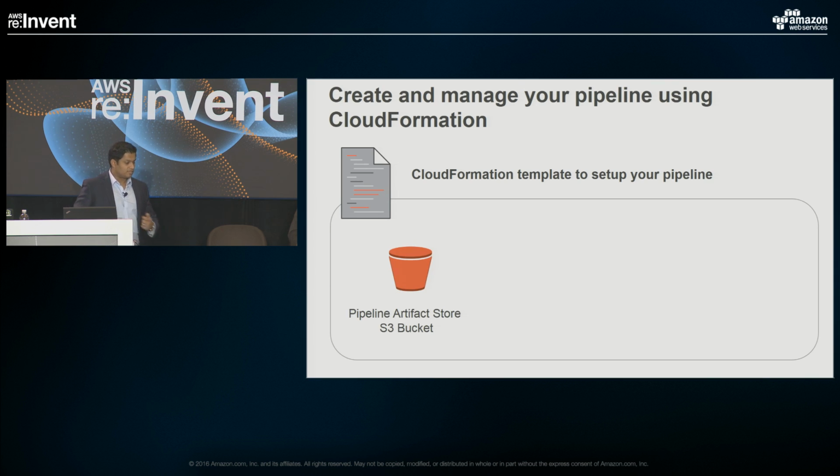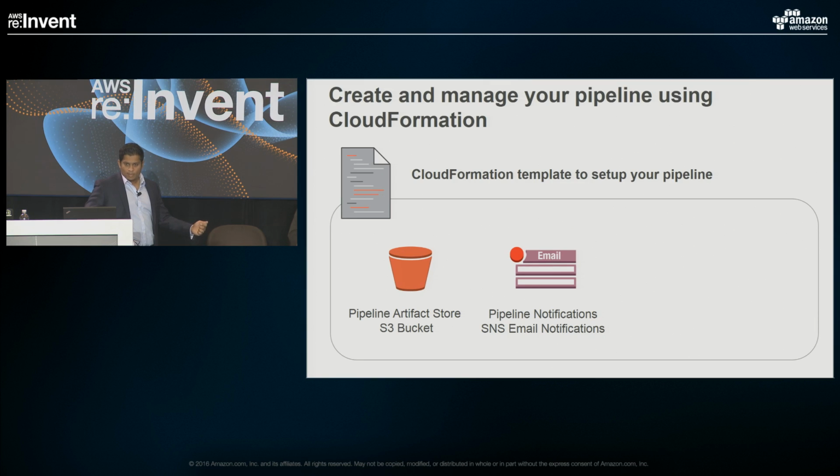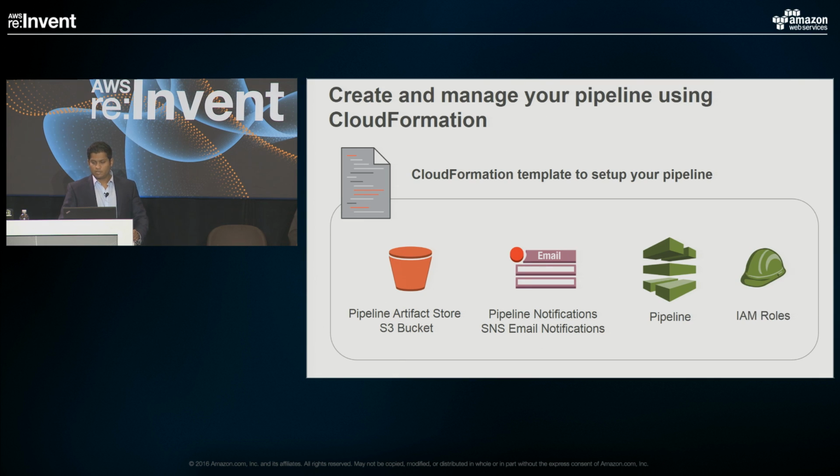We have an S3 bucket to store the artifacts of the pipeline itself, so all the input and output artifacts are stored in this bucket. An SNS topic receives email notifications when there are changes to be approved on your pipeline. Then the pipeline itself and the various stages are defined in your CloudFormation template, along with any IAM roles that you may need.